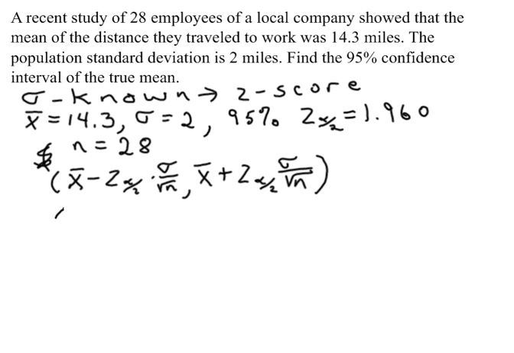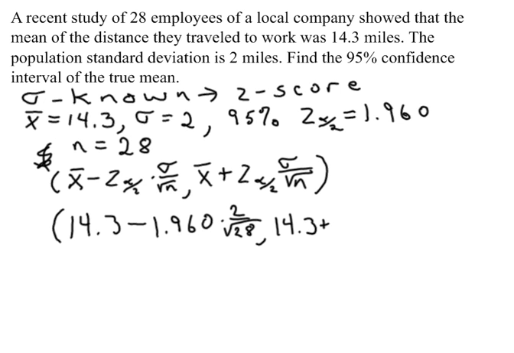And once again, substituting in the values, 14.3 minus 1.960 times 2 over the square root of 28, to 14.3 plus 1.960 times 2 over square root of 28.